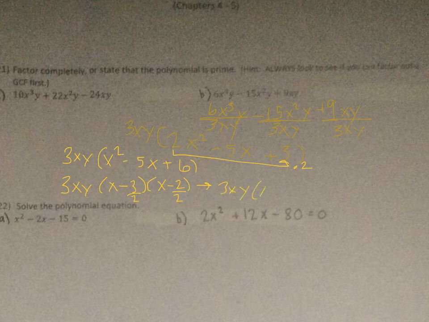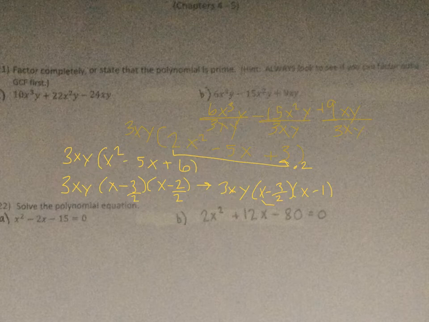So we have x minus 3 halves times x minus 1. And then anything that has not been able to be reduced in the denominator will come up on its x.